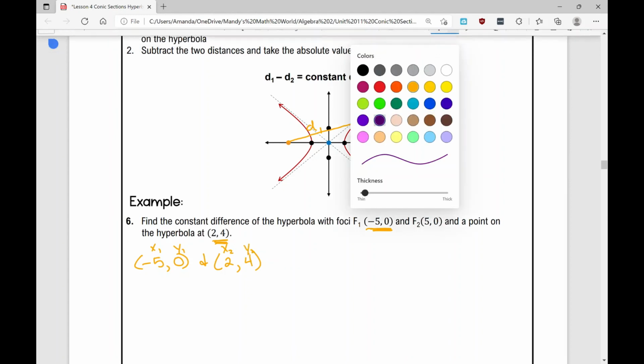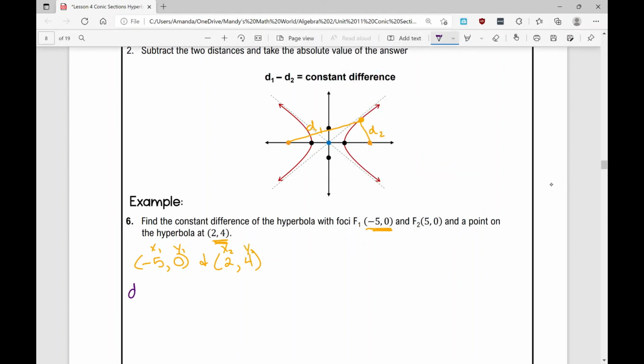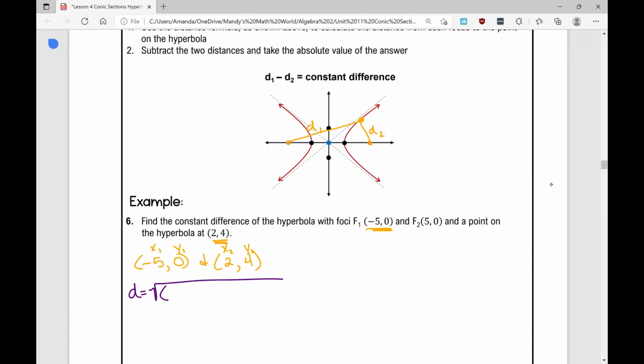I'm just going to plug those into our distance formula. So the distance is the square root of, I'm going to subtract those x values, 2 minus negative 5, which is the same thing as 2 plus 5, squared. I'm going to add that to the y values, 4 minus 0, squared. And then I'm just going to simplify this all the way down.